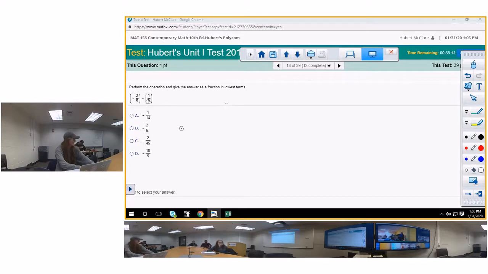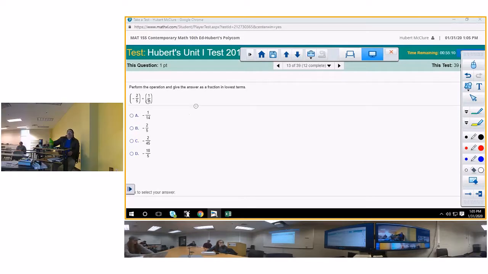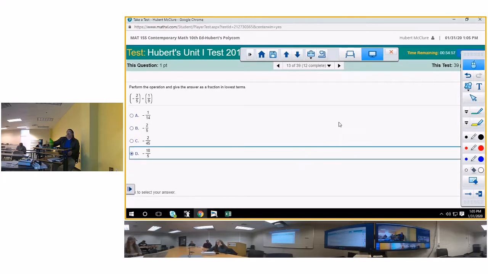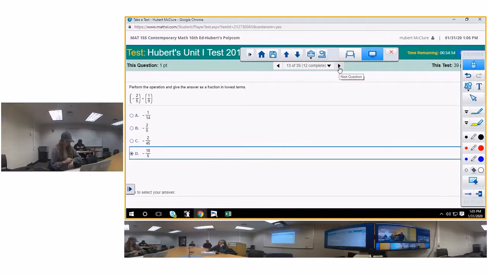All right, what's negative 2/5 times 9? Well, that'd be negative 18/5, wouldn't it? So which one is negative 18/5? Delta? Y'all check my math, make sure I didn't screw it up. I think I did it right. Next.